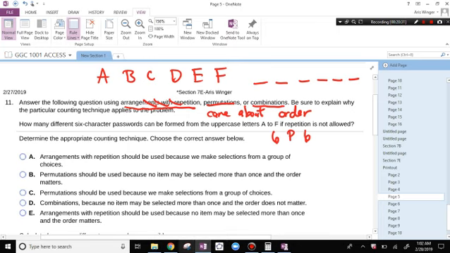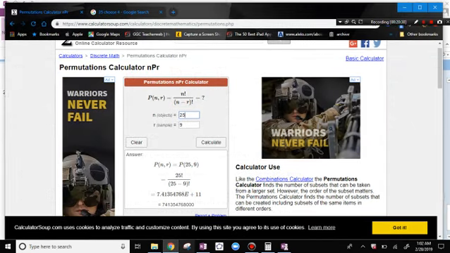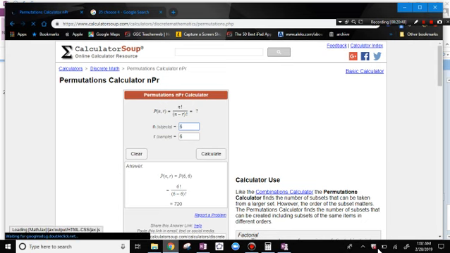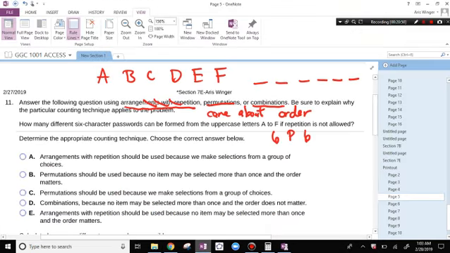Let's see what we get. 6P6. There's 6 items to choose from, and I have to put all 6 of them down. 6P6 is 720. That's the answer. And here's another way to get it.